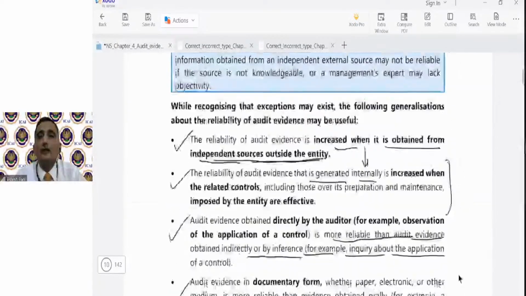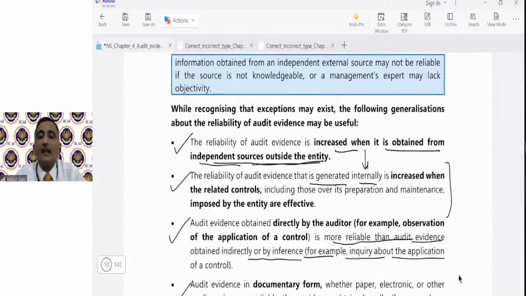So these are the factors about the reliability of audit evidence. These are the things which you have to keep in your mind while understanding the concept of reliability.